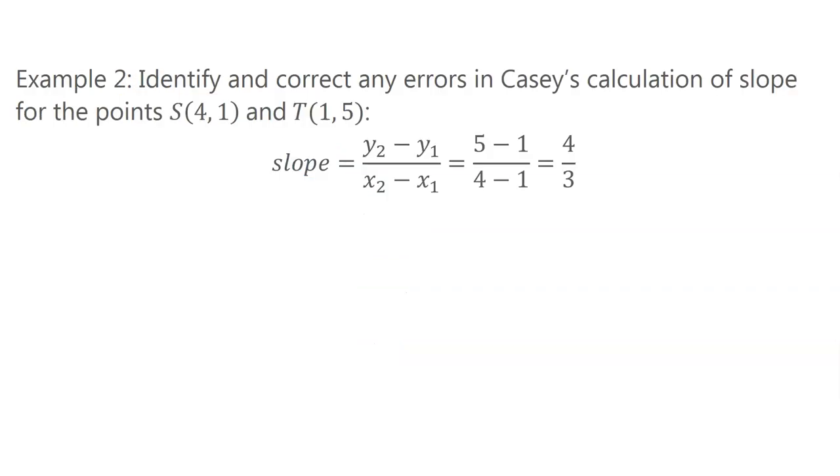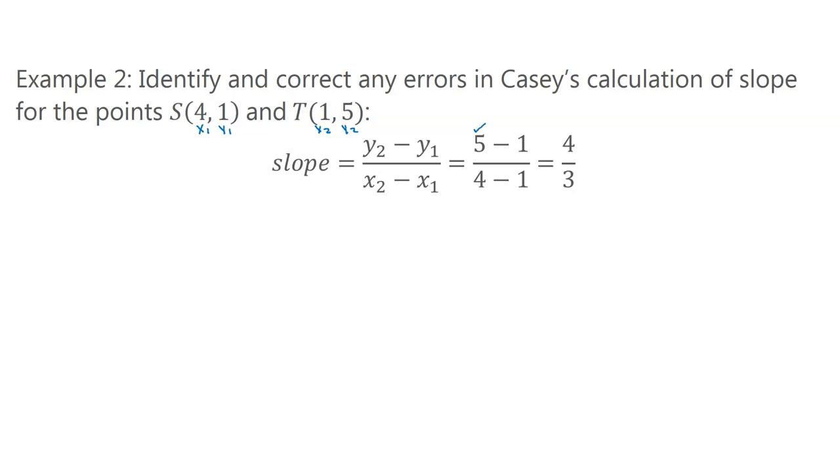Now for example 2, we have to identify and correct any errors in Casey's calculation of slope, given points S and T. So if I look at this as x1, y1, and this is x2, y2, I'll follow the formula and see where she went wrong. So the y2 value is 5, that looks fine.